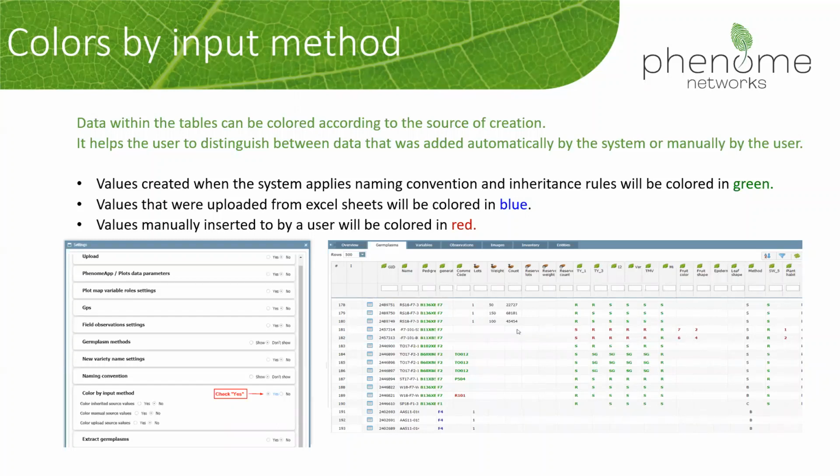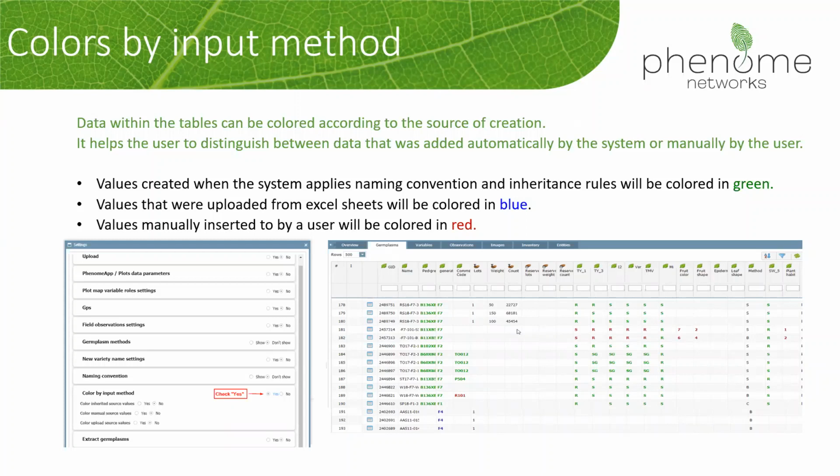So what do we see here? Variables that were created when the system applies naming convention or inheritance rules, which means that they were created by the system. We will see this most on selections and crosses. They will be colored in green. Values that were uploaded from an Excel sheet will be colored in blue, and values that were inserted manually will be colored in red.